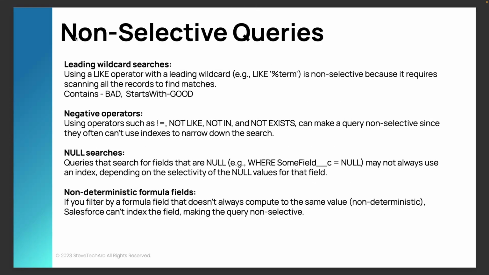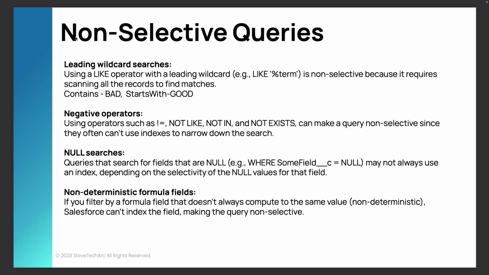Now, to be more clear about what is not selective: indexes start with the left character and move over. So if you were looking for Steve in Steve's Plumbing, it would match left to right. But if you try anything where you're matching in the middle, it cannot use the index. It needs to do a full table scan.